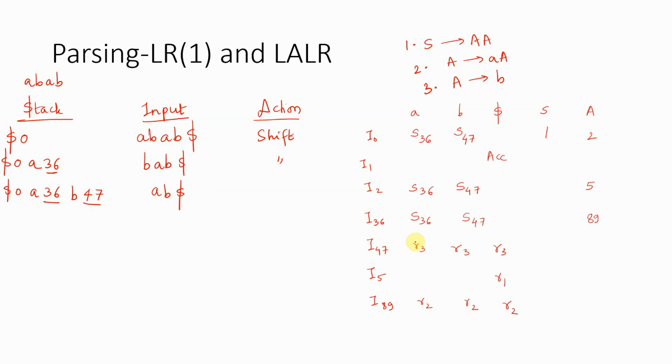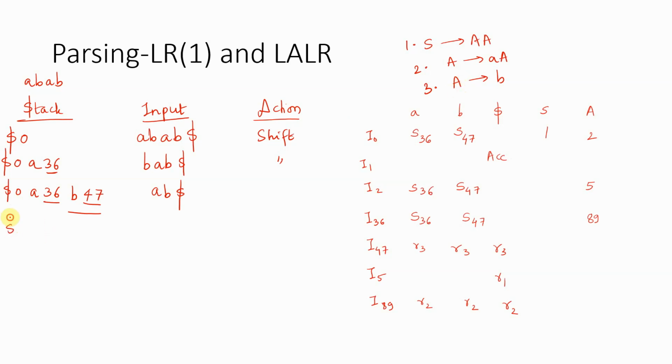Okay, now go to this production, that is the third production, and check how many symbols are there on the right hand side. How many symbols are there here? There is just one symbol. Pop off two symbols from the stack starting from this point, that is 47 and B, and place the non-terminal symbol which is there on the left hand side.